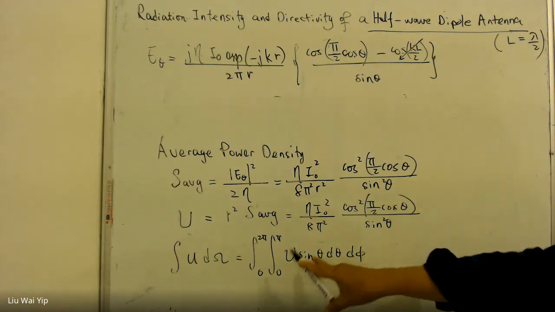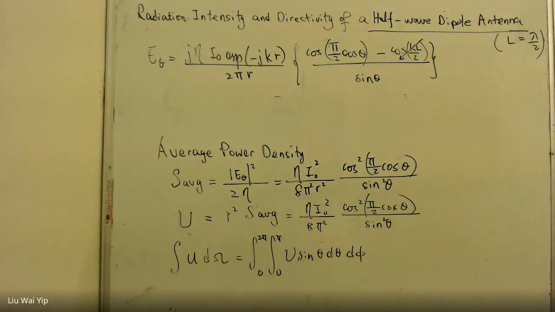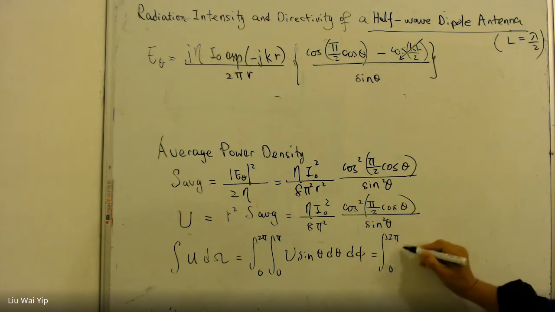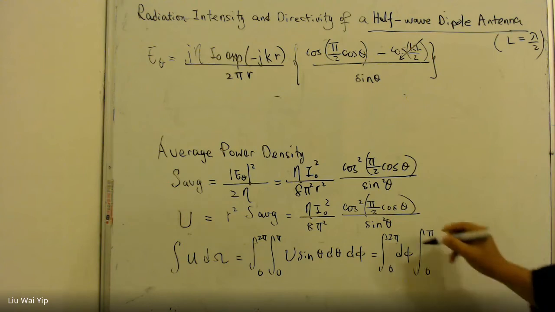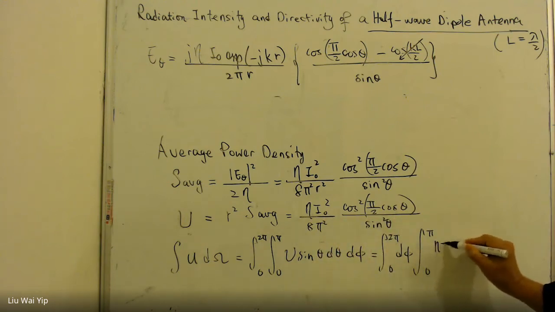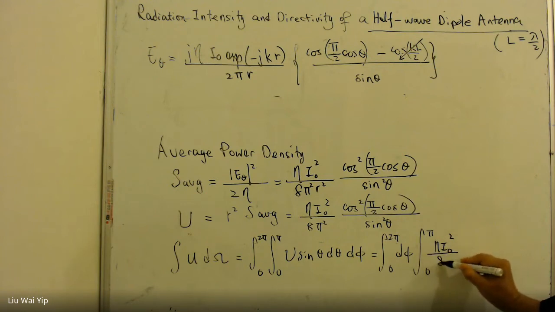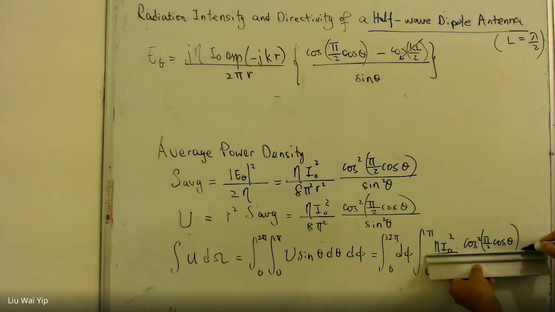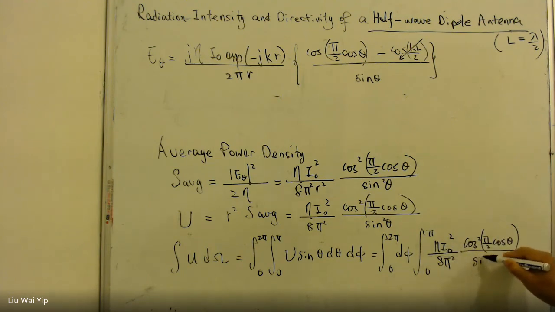If we substitute the expression of U into this one, then we will get 2 pi, integral 0 to pi, and then this chunk of expression. I'm going to simplify this on the fly. We have a lot of constants independent of the angle, and d theta.